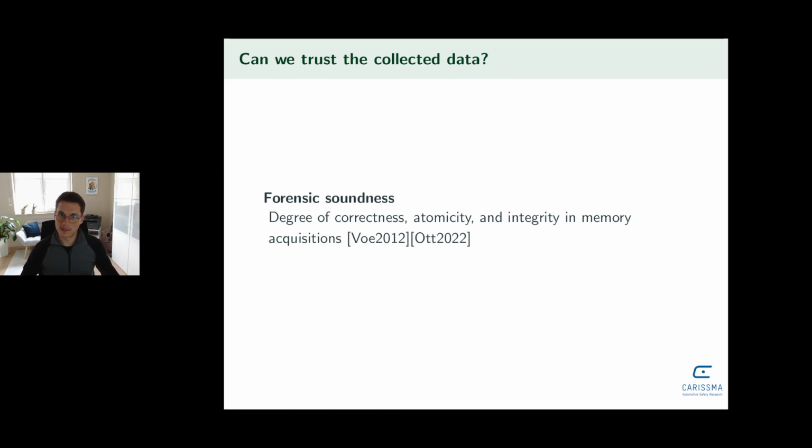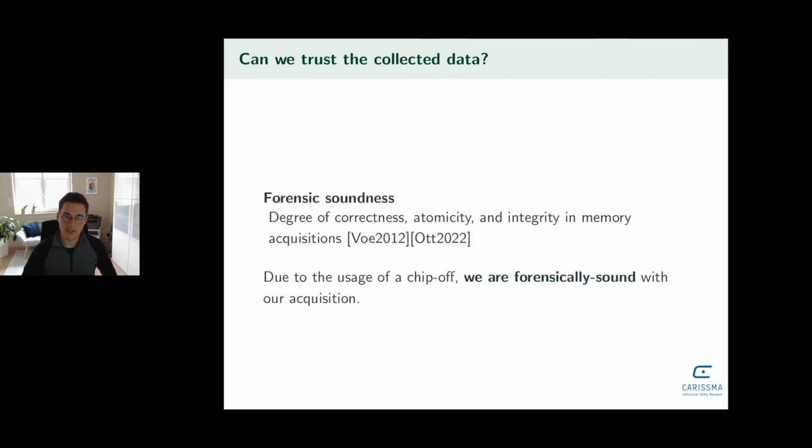Have you collected the correct memory regions, and so on and so forth? And due to the fact that we performed a chip-off, an embedded forensic technique, we are forensically sound. Because when you perform a chip-off, you quote-unquote freeze the image and then you collect it. This leads to forensic soundness to a high degree, which is pretty awesome.